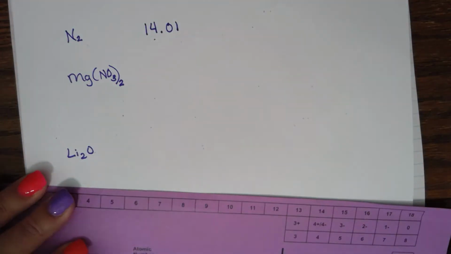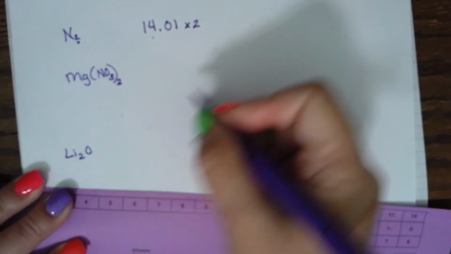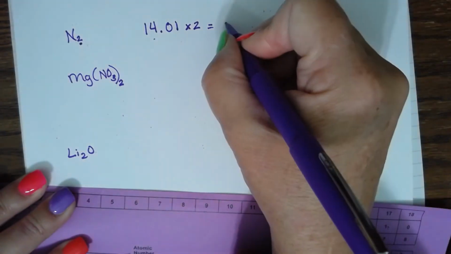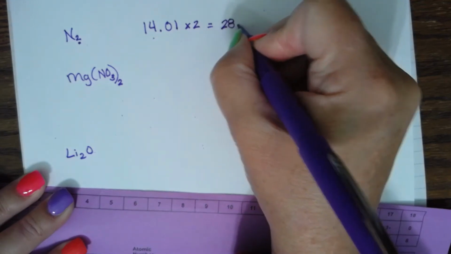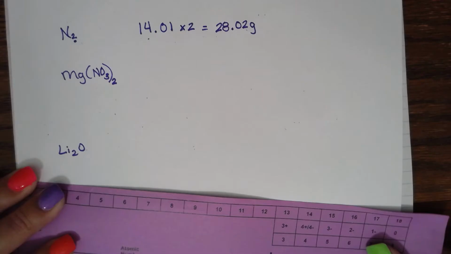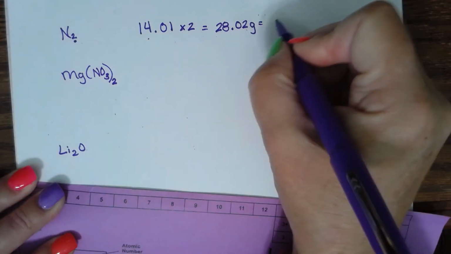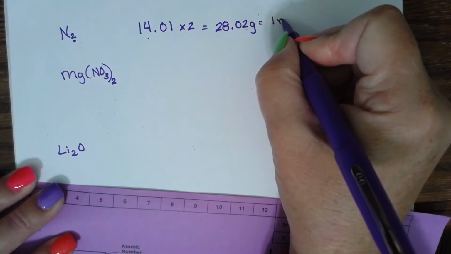Molar mass of 14.01. Since we have 2 nitrogen atoms, we're just going to take that times 2, which will give us 28.02 grams. And that 28.02 grams is the mass of 1 mole.